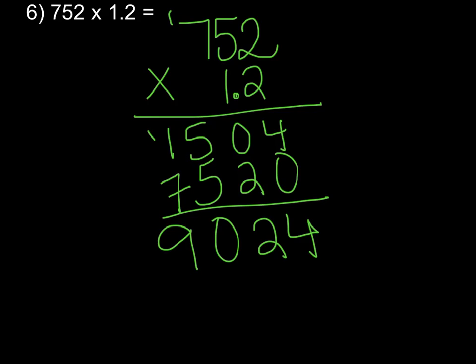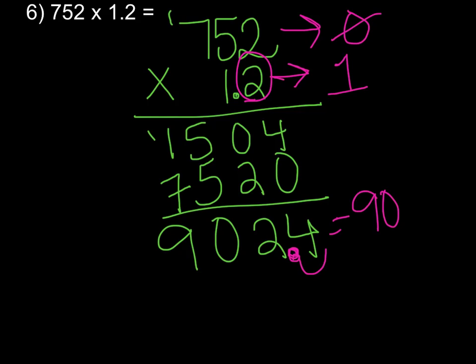Now figure out where the decimal goes. 752, you don't have any decimal place values. On 1 and 2/10, you do have 1. So your answer is going to be 902 and 4/10.